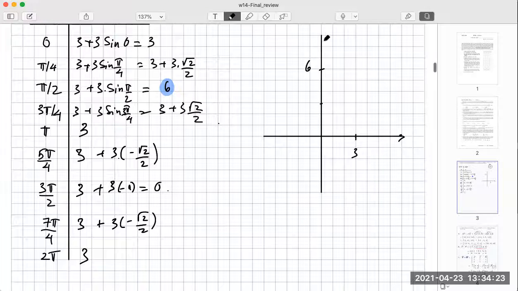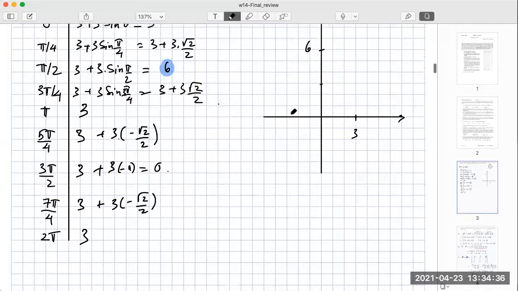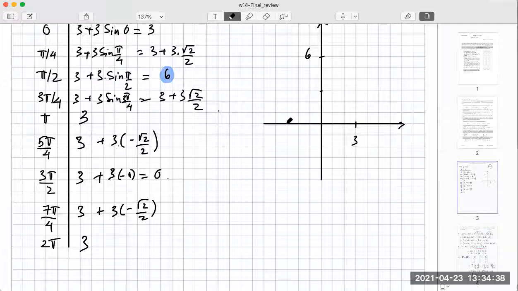Therefore, the angle theta equal to pi over 2 will be at this angle, parallel to the y-axis. And again, up to pi, it will go back to 3 here. So the same distance from the origin here, right?